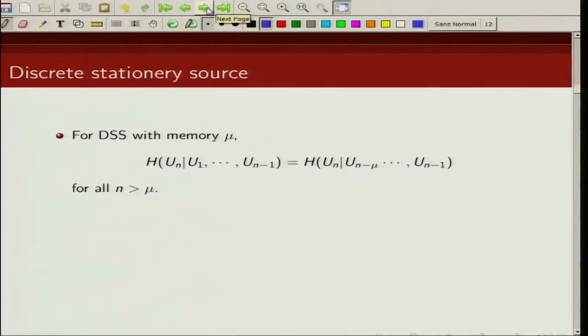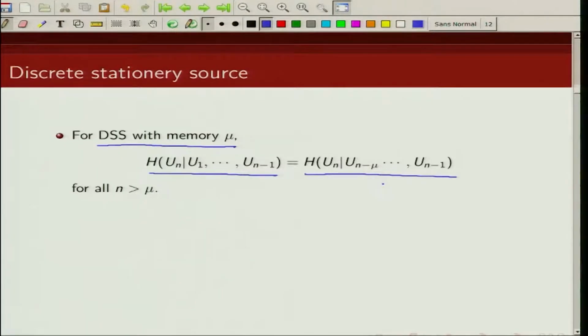Now it's not very difficult to prove that for a discrete stationary source with memory mu, the uncertainty in Un given U1, U2, up to U(n-1) is equal to the uncertainty, the entropy, of Un given U(n-1), U(n-2), up to U(n-mu).